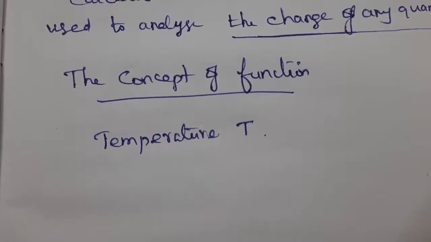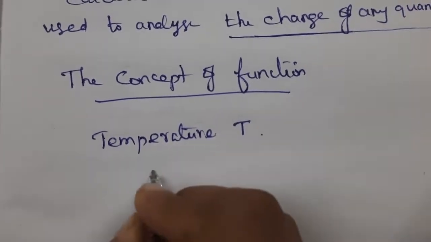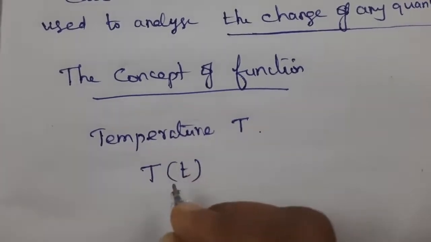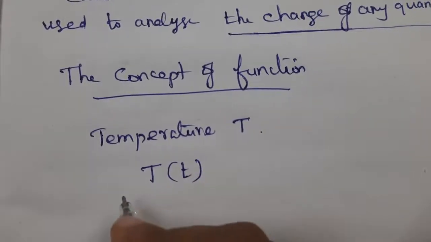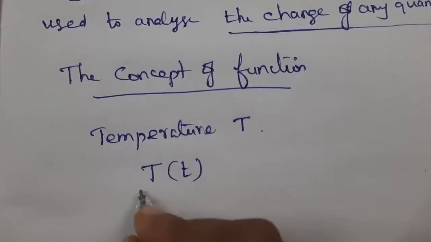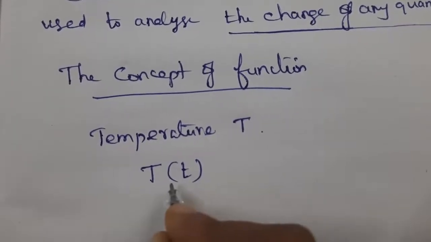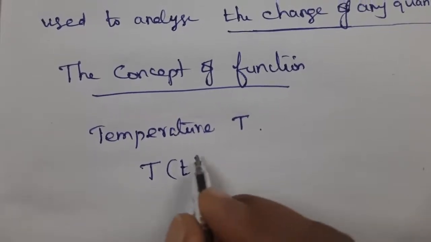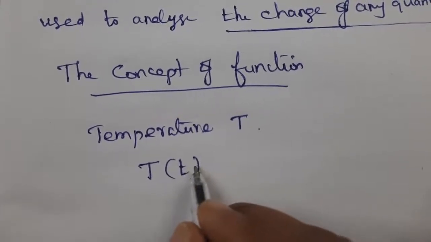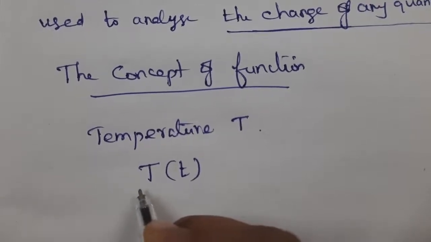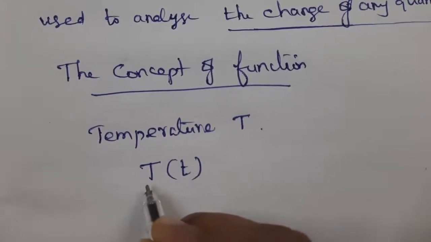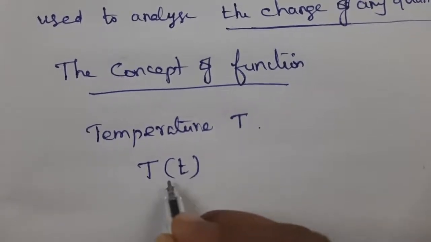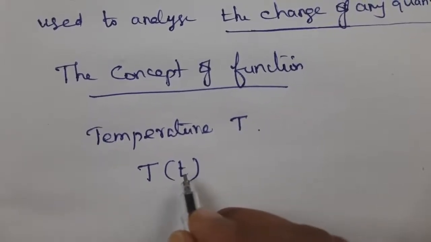Mathematically, this variation can be represented by the notation T of t. It is called temperature as a function of time. That means when the time is given, the function will give the value of temperature at that particular time.